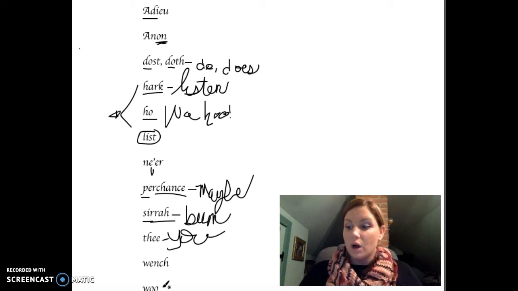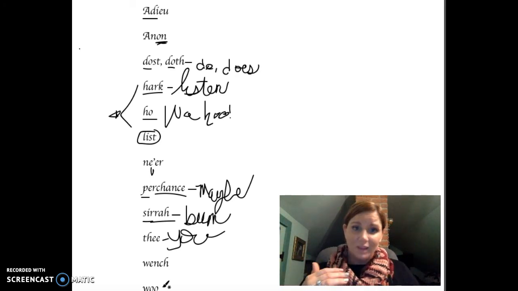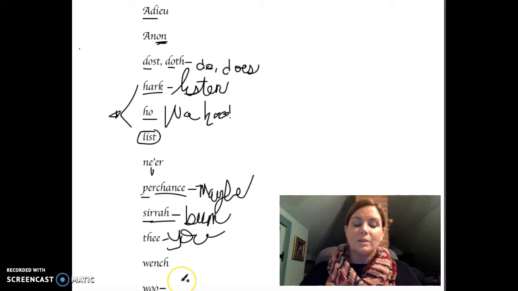To woo, W-O-O, means to seek and to gain. When someone is wooing another person, they are seeking that person to gain their acceptance, to gain their acknowledgement, to gain their admiration. So to woo down here, it's kind of tough for me with my pen down here at the bottom of my page, but to seek and to gain. To seek and to gain.